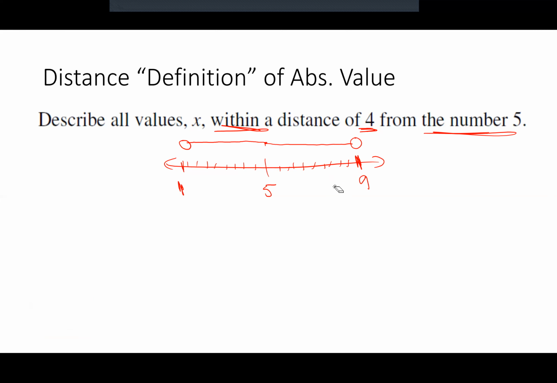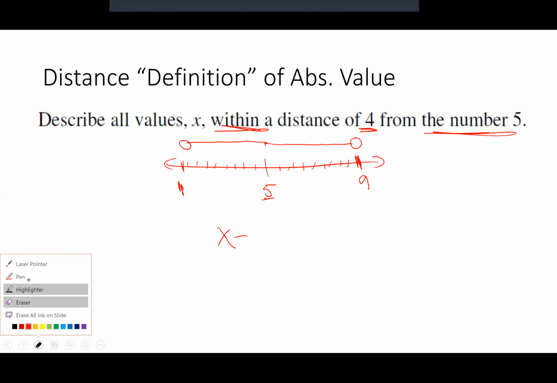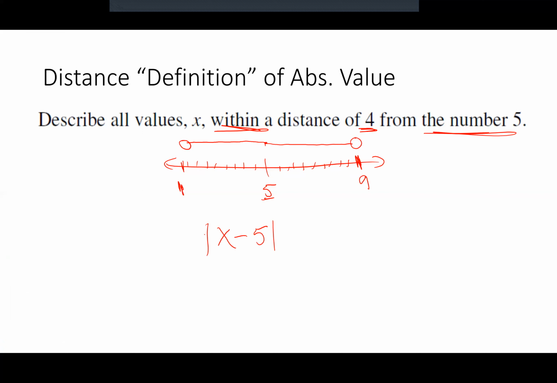So now let's think about what I'm saying with absolute value. I'm saying that my frame of reference where I'm starting is 5, and I'm talking about some number. So I already know I'm going to have x minus 5. And I'm talking about a distance, so it's going to be an absolute value.